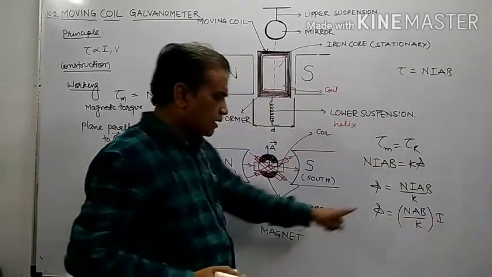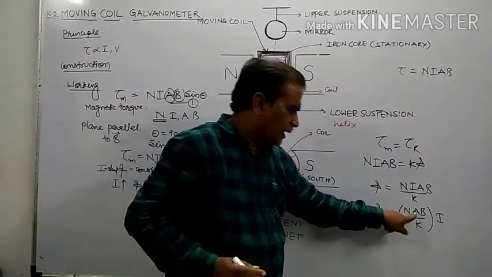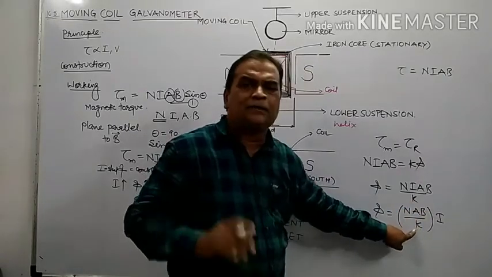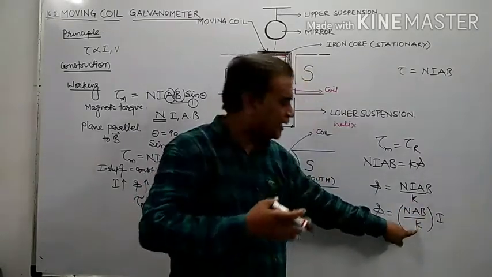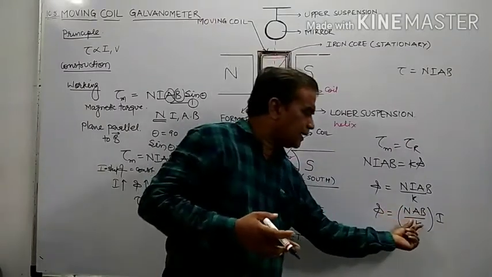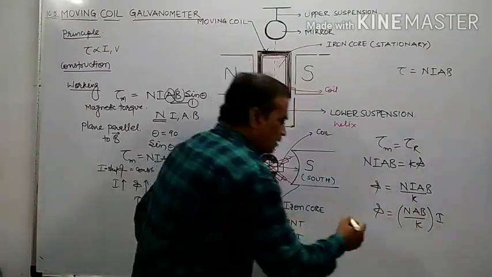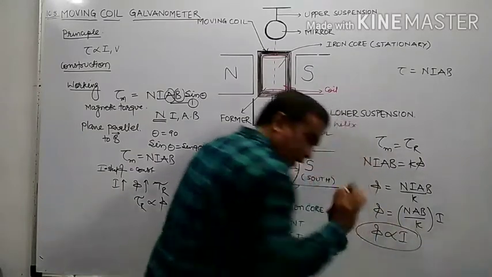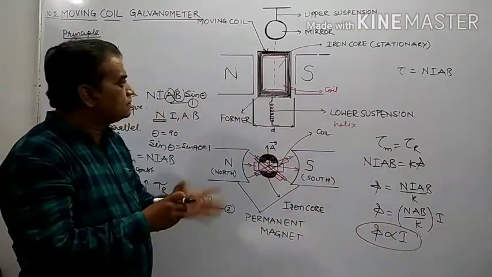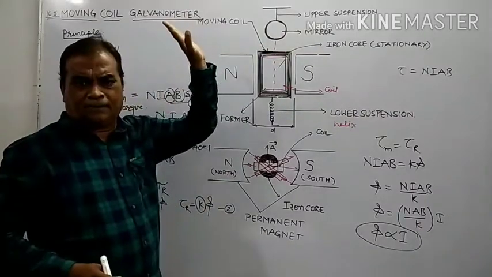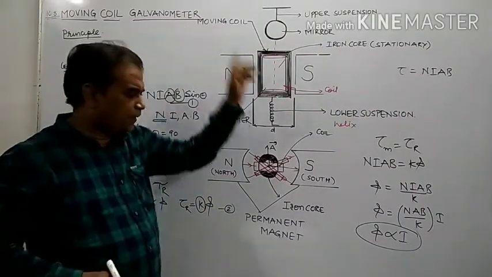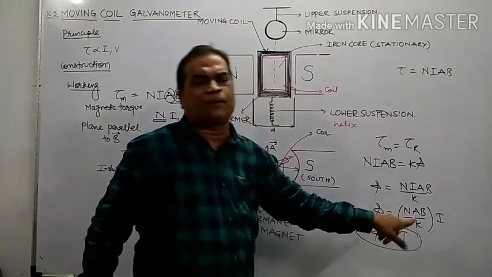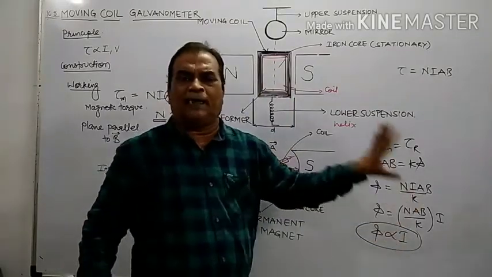Since the number of turns in the coil, the area of each turn, the strength of the magnetic field, and the torsional constant of that spring are all constant, this entire bracket is constant. It implies that phi is proportional to I. That is, the deflection produced in the coil is directly proportional to the current I to be measured.